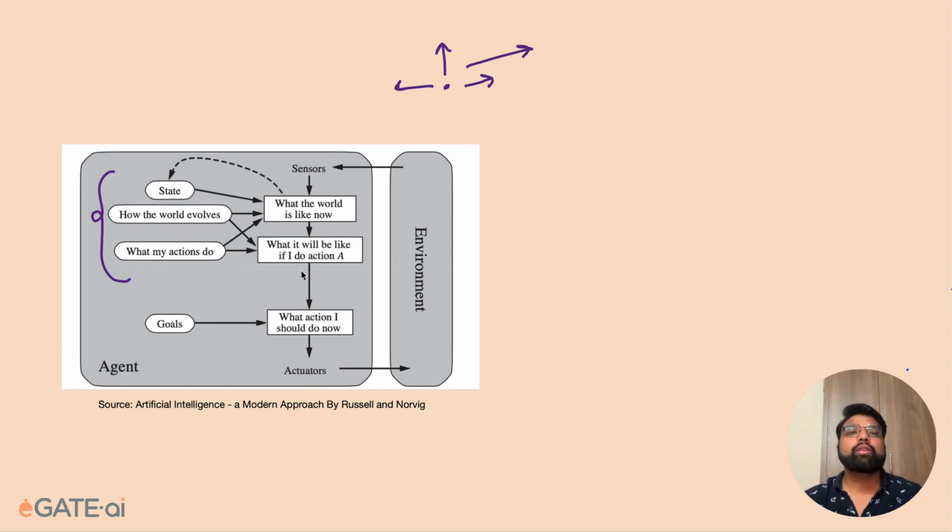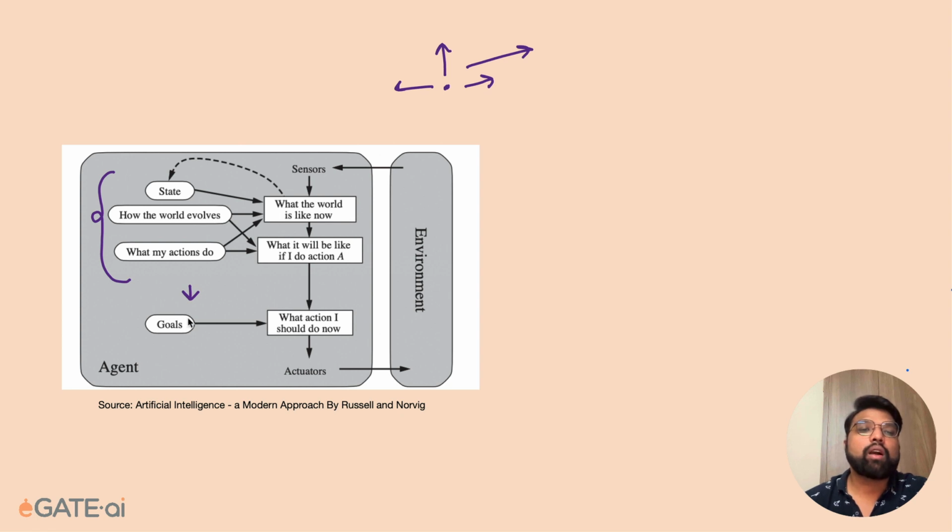Every action should ensure that it is one step closer to the goal. So based on the model information you know what the world will be like if I do a certain action, and you will have goal information, and based on these two you can decide which action the agent has to take.